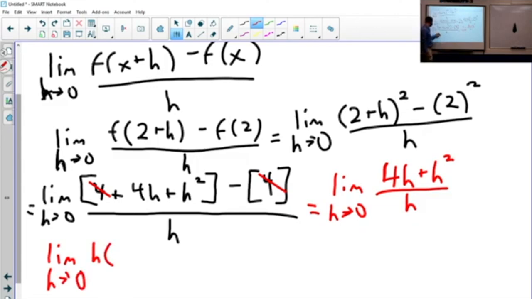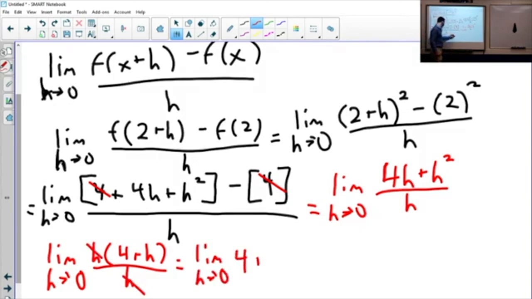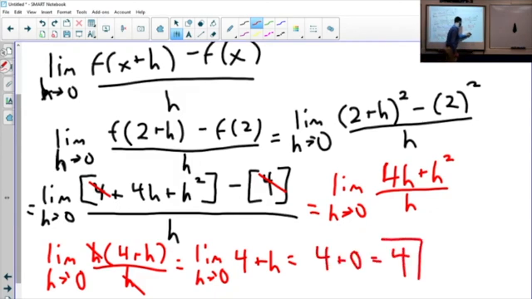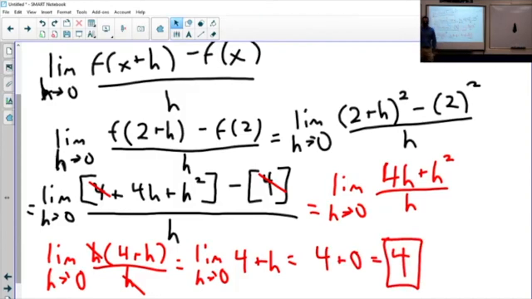So I can take an h out and say that this is 4 plus h left in the parentheses. And now we can cancel our h on top and bottom. And now that I've canceled out the h that's on the bottom, I can plug in 0 where I couldn't have plugged in 0 before. Now we can plug in 0. And our answer is a positive 4.